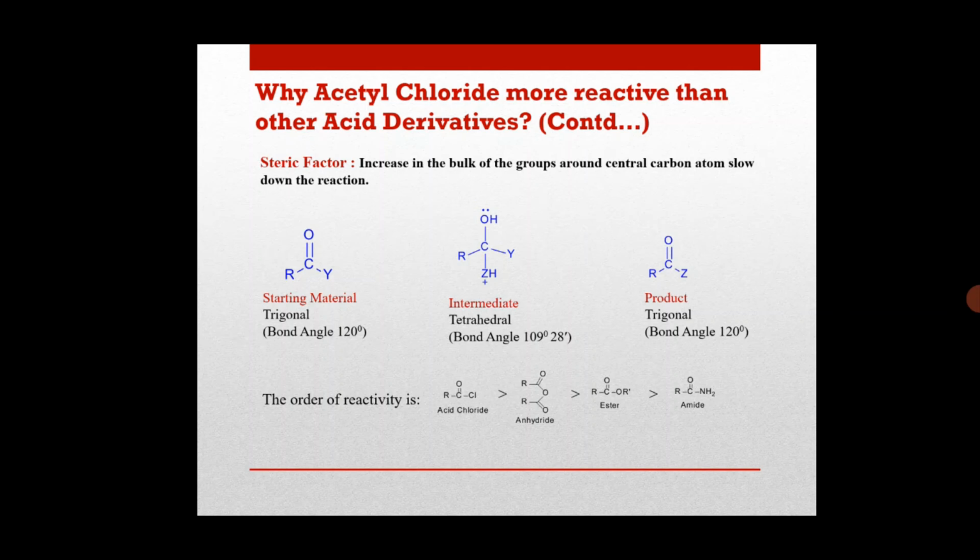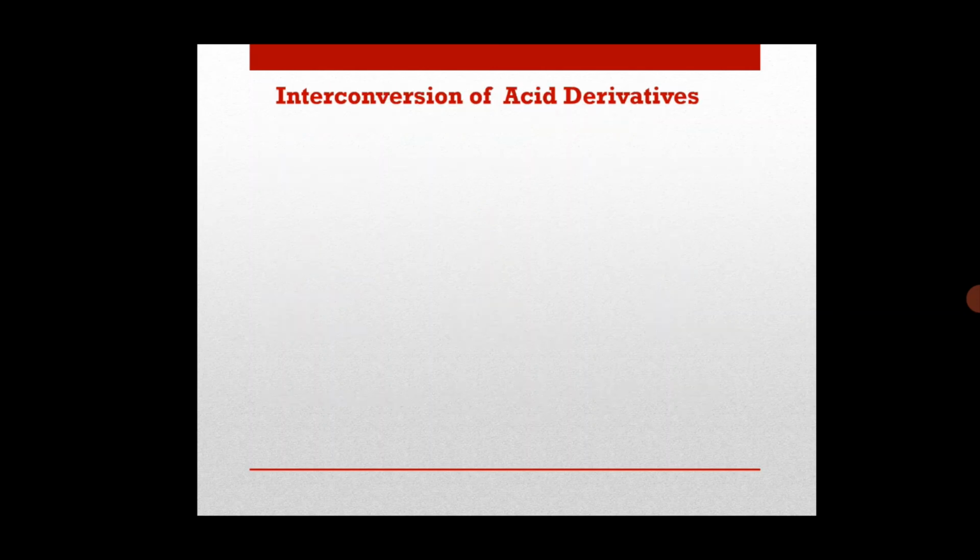Therefore, we came to the conclusion that acid chlorides are more reactive based on both electronic and steric factor. Hence, acid chlorides can be converted into anhydride, ester, and amide. But anhydrides, esters, and amides cannot be converted into acid chlorides.